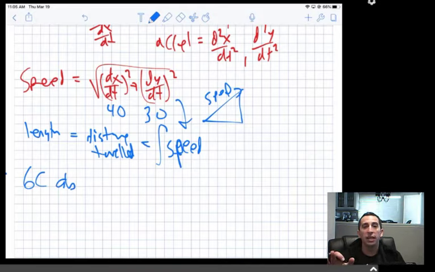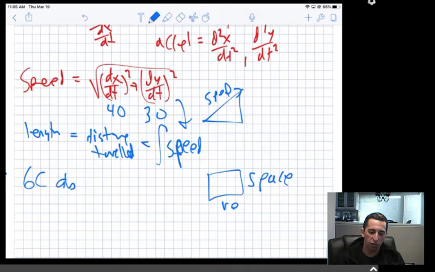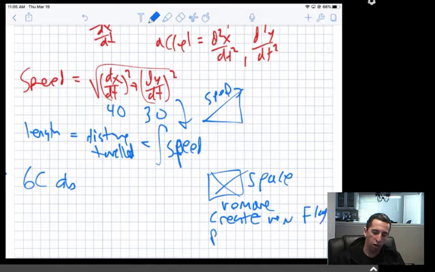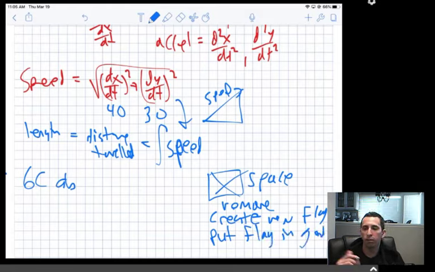Well, you need to actually make a different class. Every class can only have one picture associated with it. When you turn a space into a flag, you're going to remove that from the grid, create a new flag, and then put the flag in the grid. Every object can only have one picture that goes with it. That's how you want to think about it.